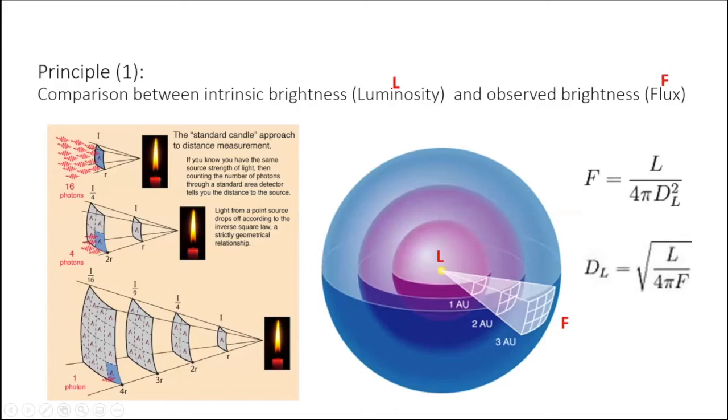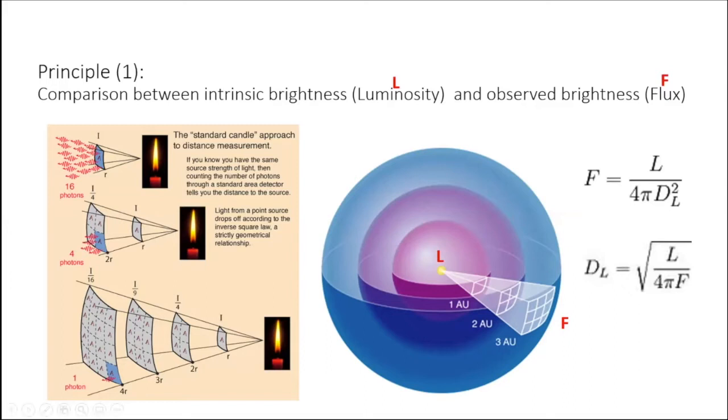So flux is luminosity divided by the surface of this spherical area. So the larger the radius, the smaller the flux. So flux goes by distance squared, distance to the -2.